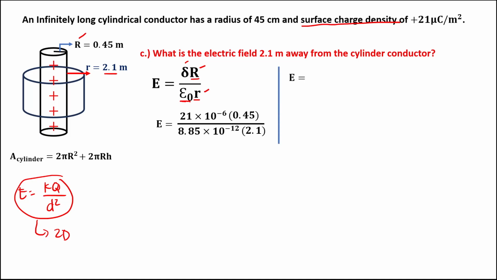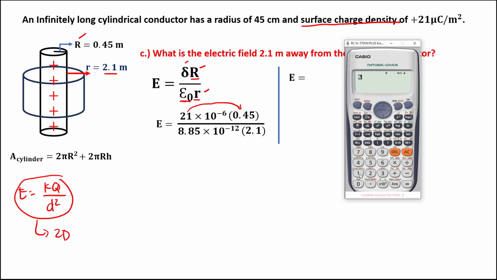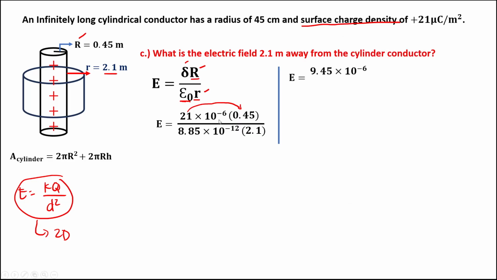Then to simplify, this 21 times 0.45 equals 9.45. Then times 10 to the power negative 6, then over this 8.85 times 2.1.